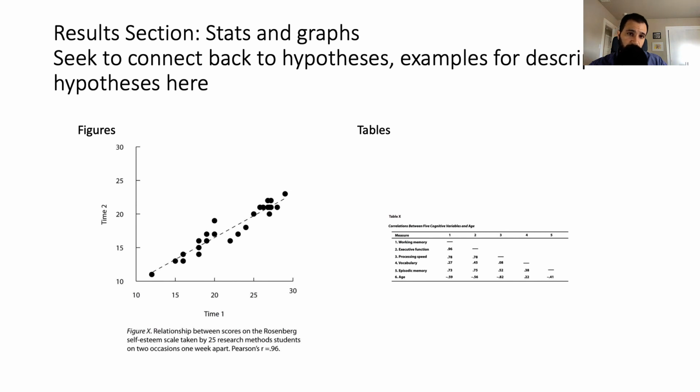These are just a couple of random things just to show you that you'll see figures and tables. If you see figures like this and tables like this, what you're probably looking at is a correlational study, and very likely a descriptive research question.